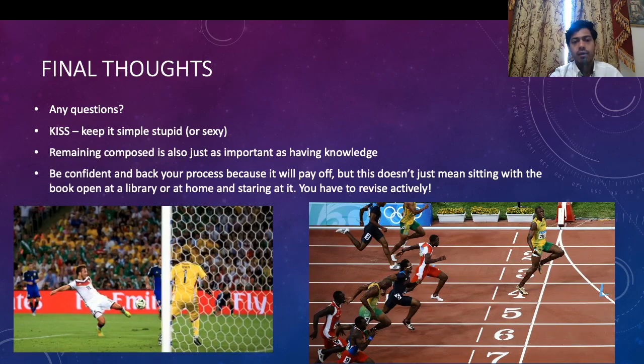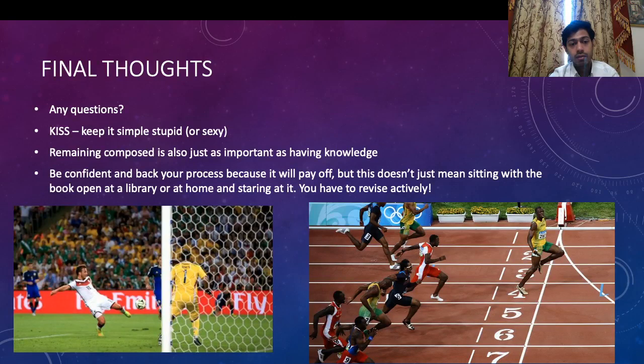But just back your knowledge, just remain calm, and just practice and revise as much as you can, to the best ability you can. Hopefully it will pay off. And don't just sit in the library at home right now and open your book and just stare at it, because unfortunately you will have to actively revise neuroanatomy for it to make sense.